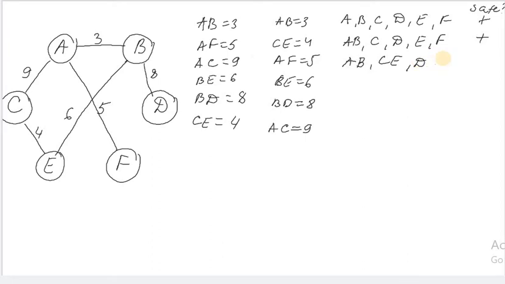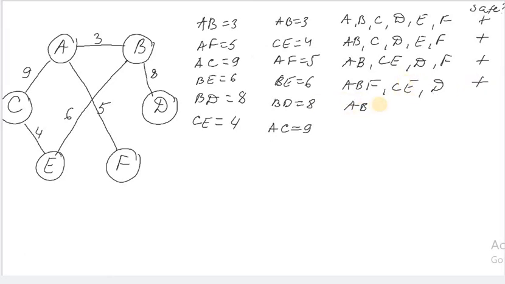In the next cycle our new edge will be AF, and we see that A and F are in two different trees, so we are good, and we say A, B, F, C, E, and D. So now we have 3 trees, and we look at BE, and we see that B is here, E is here, so we are good.